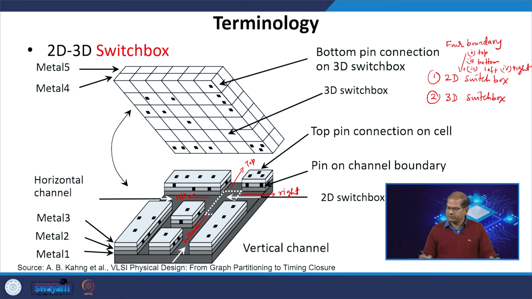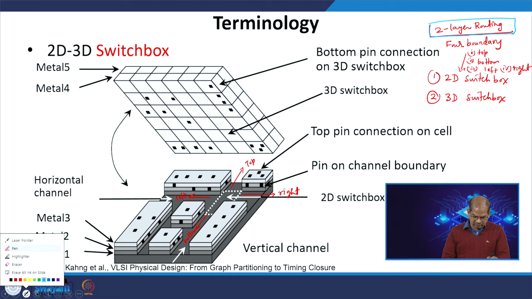This is possible whenever you are routing in 2 layers of metal. So, the 2D switch box is related to 2 layer routing of the metals.